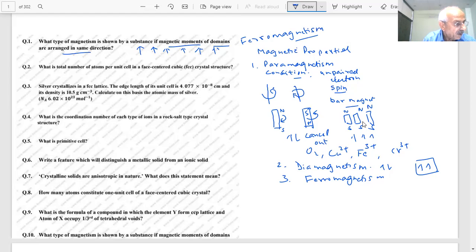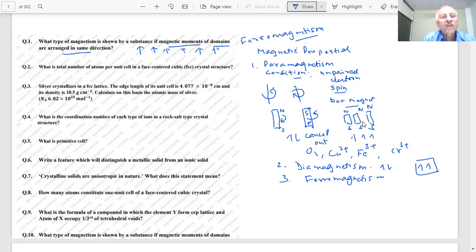Examples they have asked many times in the paper, student. It will be Fe, nickel, cobalt. Can it become a permanent magnet? Yes or no? Yes, sir. These are the substances, student. If we place them in a magnetic field, all the domains get oriented in the magnetic field and a strong magnetic effect is produced, and it may persist when the magnetic field is removed.